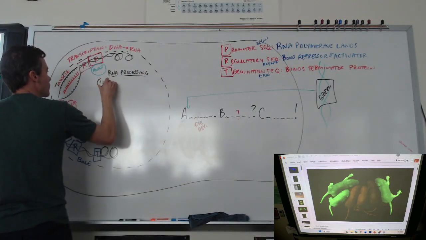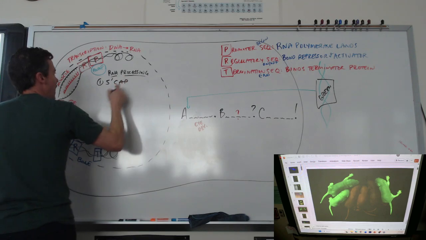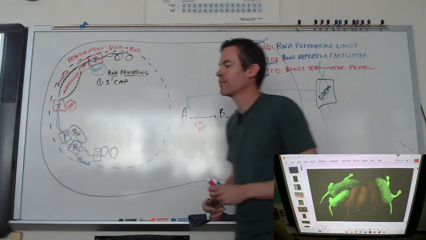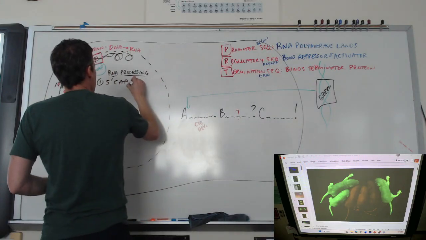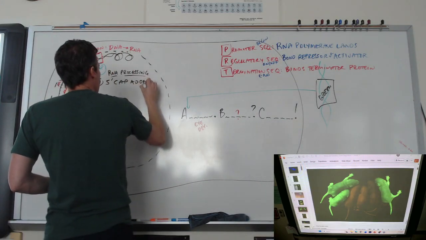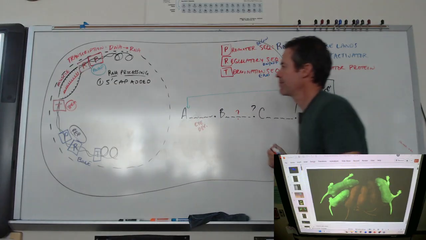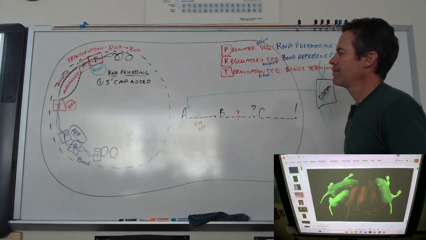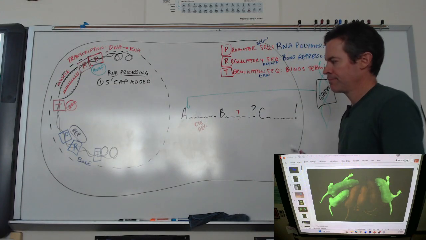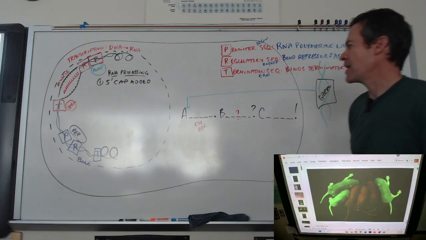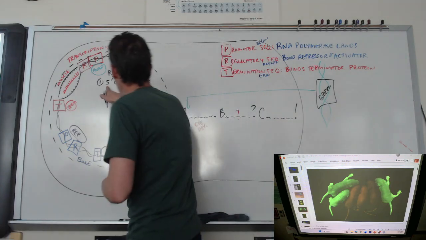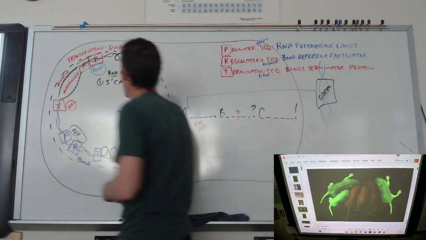The first thing is called a 5' cap. So we add a 5' cap. Of course, here in a little bit, I'll tell you what the heck that means because I know that doesn't really make much sense, but I'm going to add a 5' cap.